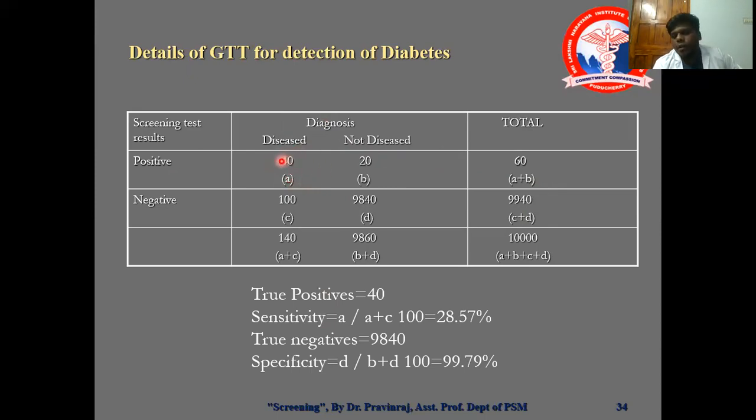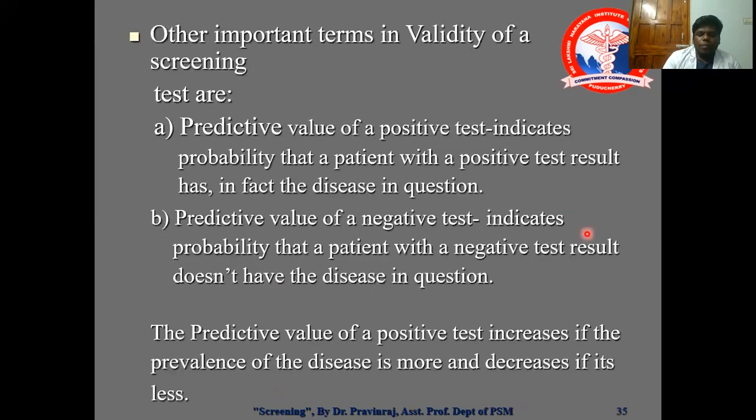This is the positive predictive value, the ability of the test to predict actual positives from your test result. It is the same for negatives also. For positive predictive value, the formula is A divided by A plus B into 100. For negative predictive value, it is D divided by C plus D into 100. So when you put this together, you can get sensitivity, specificity, positive predictive value and negative predictive value.